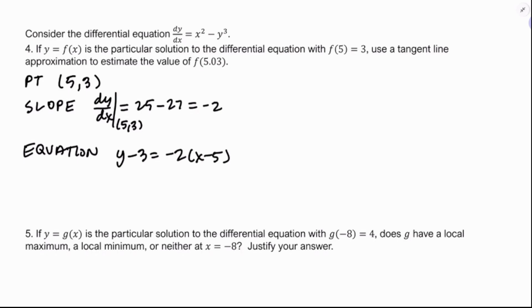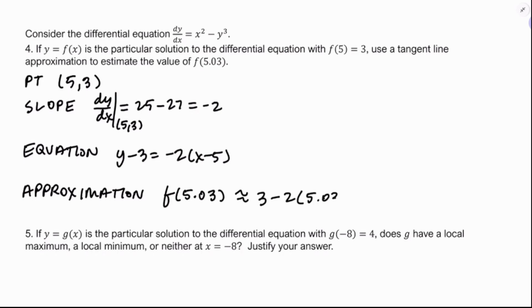We're going to approximate the value of f of 5.03, so I'm going to say my approximation is f of 5.03 is about equal to 3 minus 2 times 5.03 minus 5.